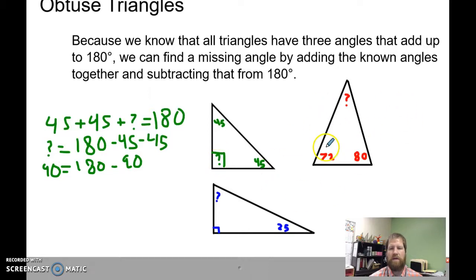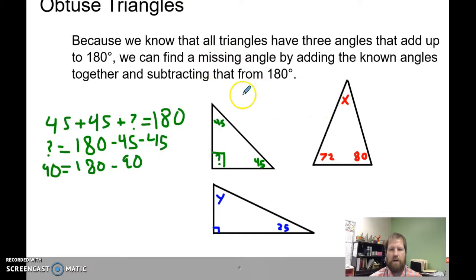And that should tell us that this is a 90 degree or right angle. Okay, same thing for these ones. And if you want to jump straight into showing me your steps, let's get rid of these question marks. Let's use a variable, x, and we'll use y over here.